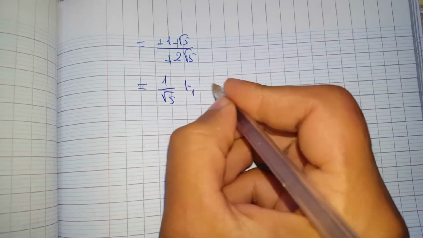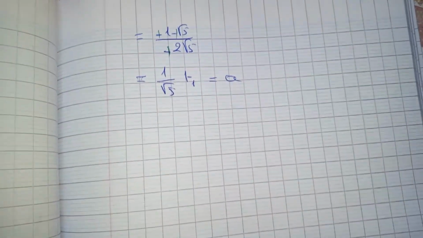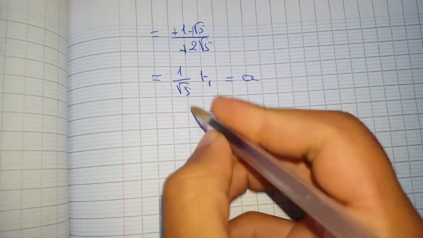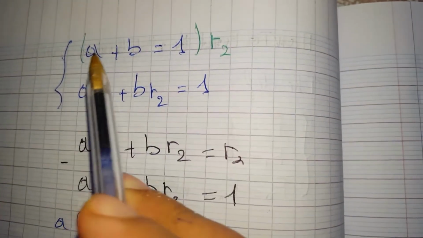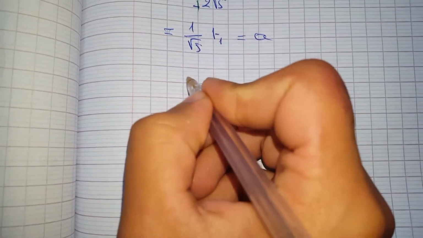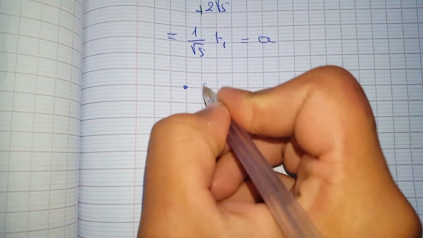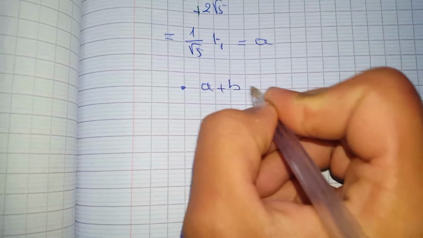And now I will try to find b. The first equation in this system is a plus b is equal to 1, and I will replace a by its value.